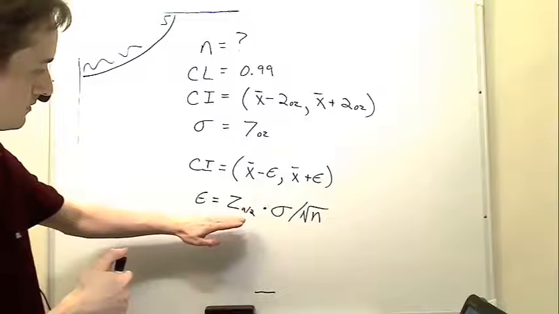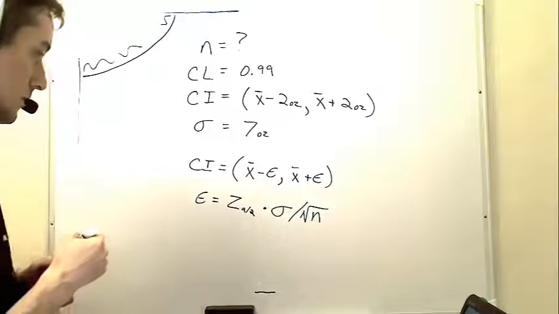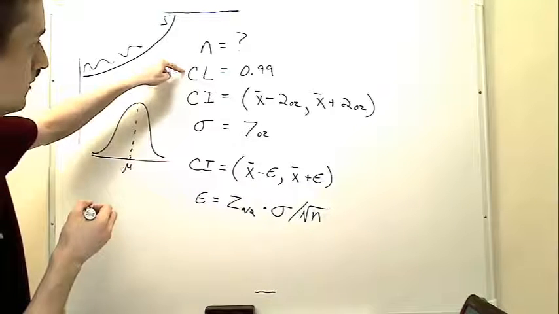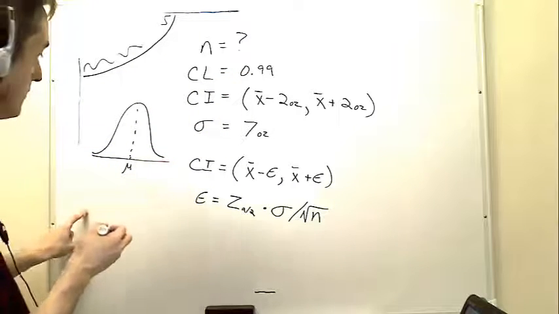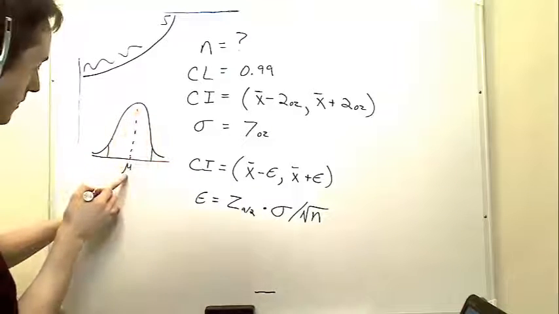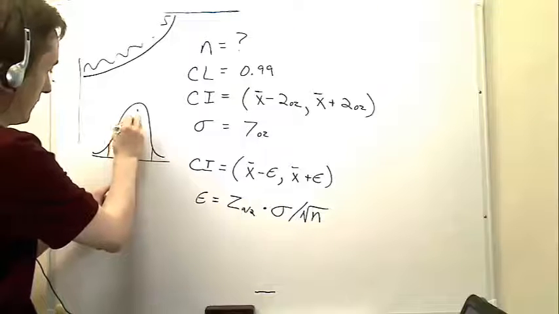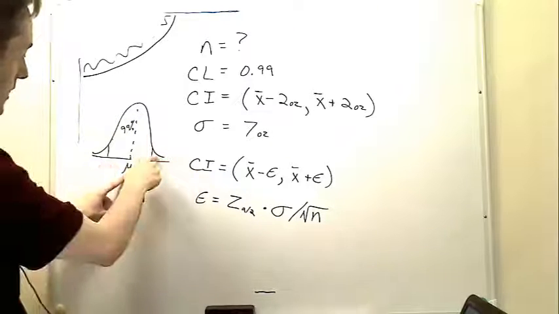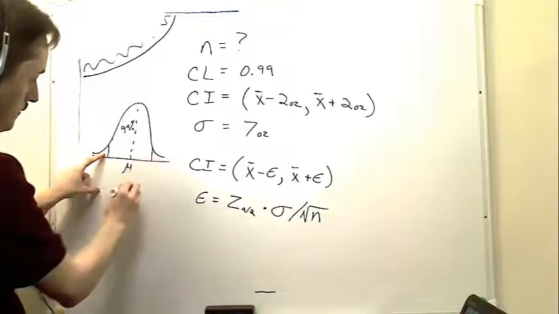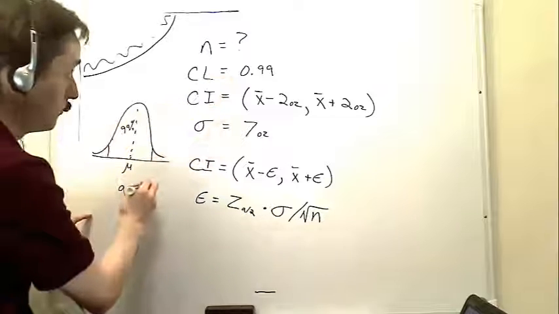To find z sub a over 2, if you look at a graph, confidence level is 99%. That means that the area surrounding the mean is equal to 99%, which means the area of the two tails added together, that's A, is going to equal 1 minus 0.99.